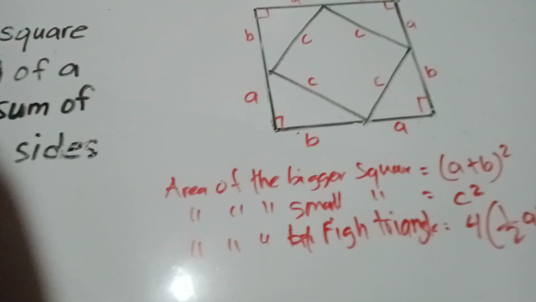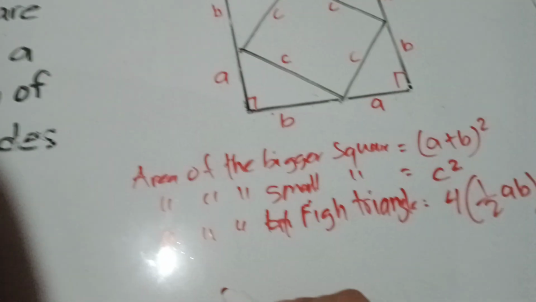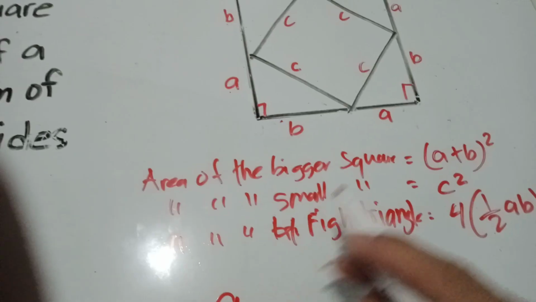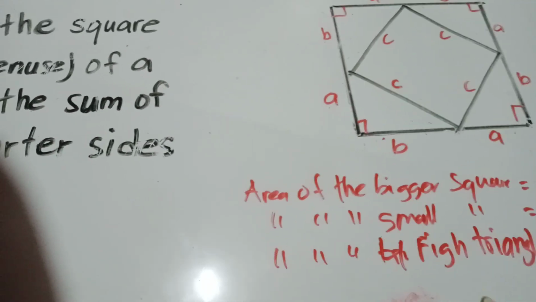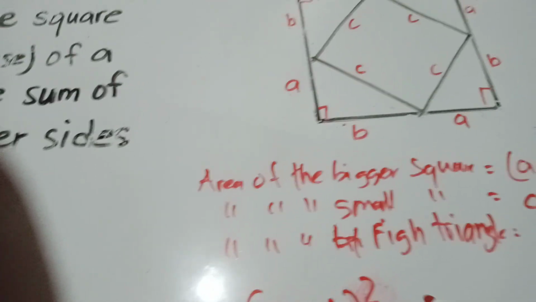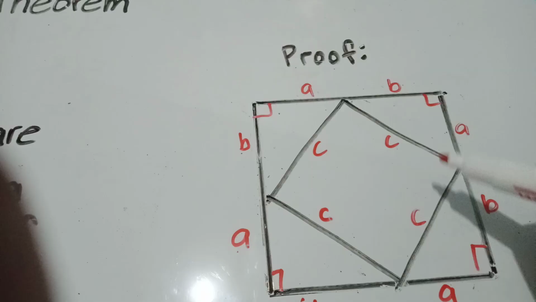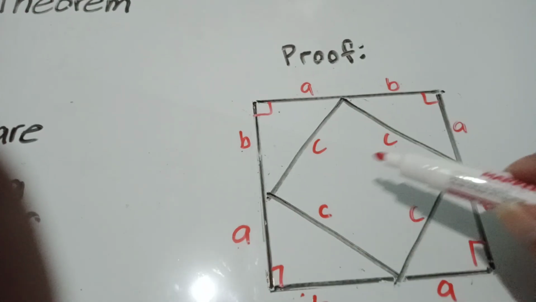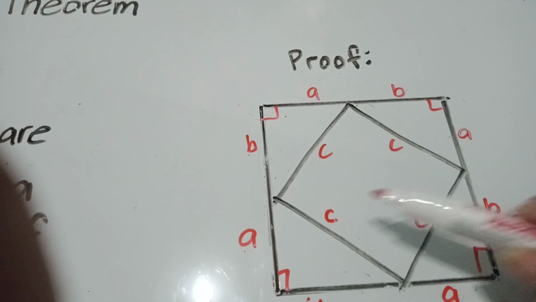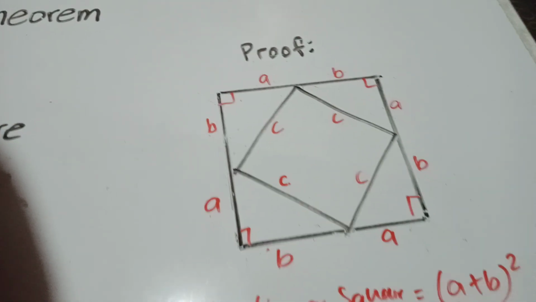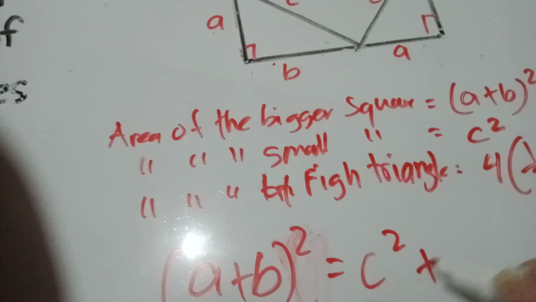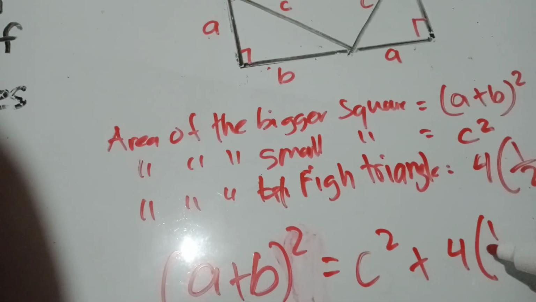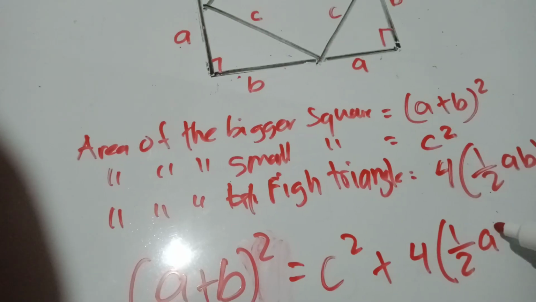So we can simplify this: the area of our bigger square, A plus B squared, is equivalent to the sum of the area of the smaller square plus the area of the four right triangles. So we can write this as A plus B squared is equivalent to C squared plus 4 times 1/2 AB.